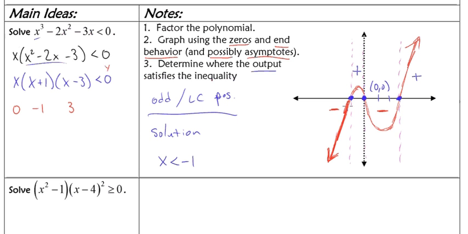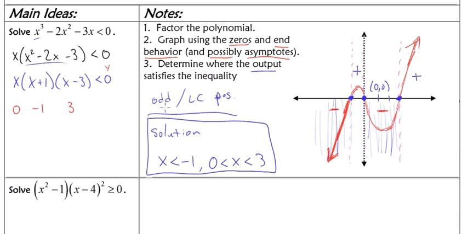So it's negative in this region right here and this region right here. So from when x is less than -1, and then again when x is greater than 0 but is less than 3. So here's our solution.